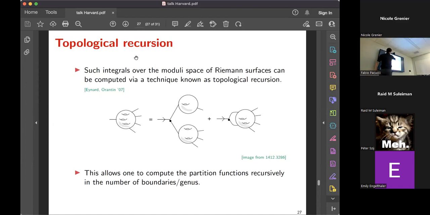There's one type of contribution where you split up the surface into two parts that are connected by some kind of long tube. And there are some contributions where you keep only one part, but there are tubes, so this would add another hole here. And there are recursion relations that compute these partition functions recursively in the number of boundaries and genera.